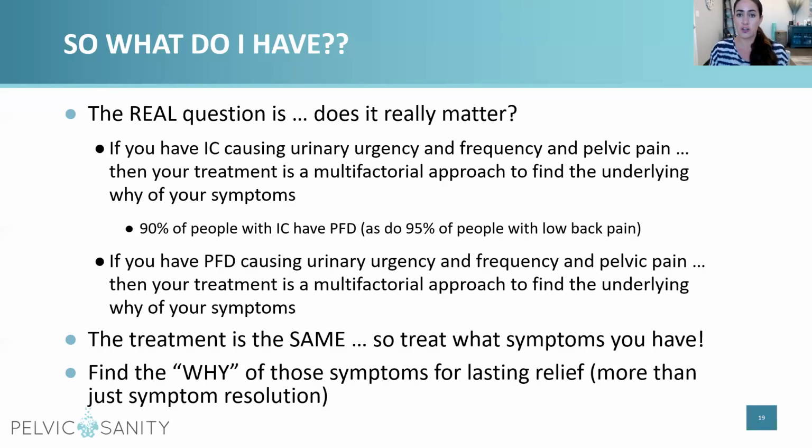We have to look at the underlying why of why those symptoms are there in the first place and address and treat those, right? So if it's a hysterectomy, if it's a C-section scar, if it's your groin strain, if it's your sciatic nerve pain, we also have to deal with that, right? In order to get your urinary urgency, frequency and any sort of pain thing that you have in your pelvic girdle to go down.